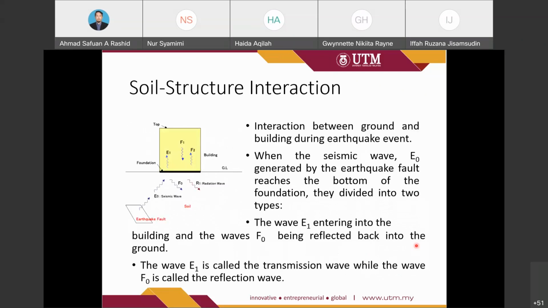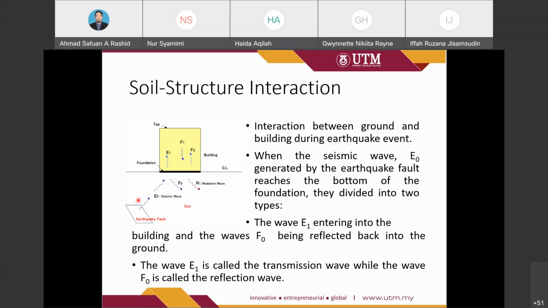The interaction between ground and building during the earthquake event: when the seismic wave, called E naught, generated by the earthquake fault, reaches the bottom of the foundation, it divides into two types.